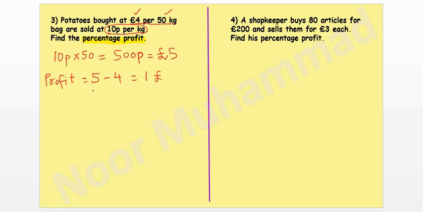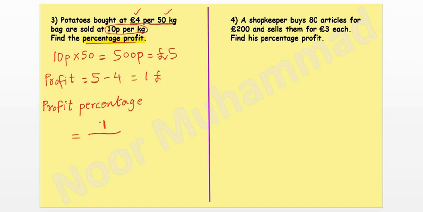Now how can we find the profit percentage? For that, we always write the profit in the numerator, because to change it into percentage, we need the fraction. If it is about the profit, we write the profit in the numerator. If it's about the markup, we write the markup in the numerator.